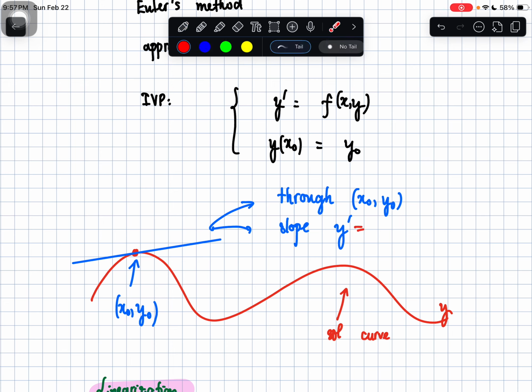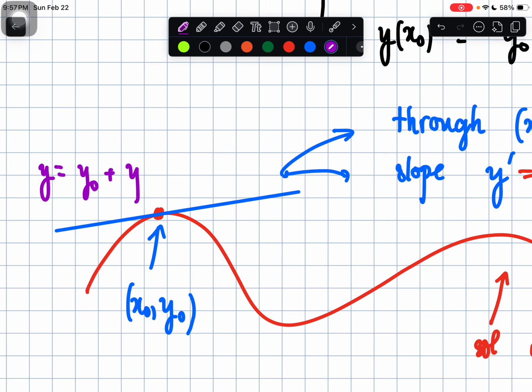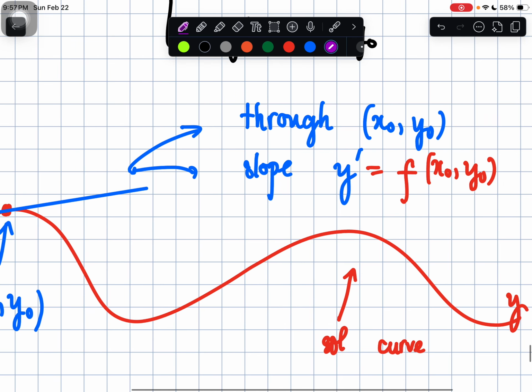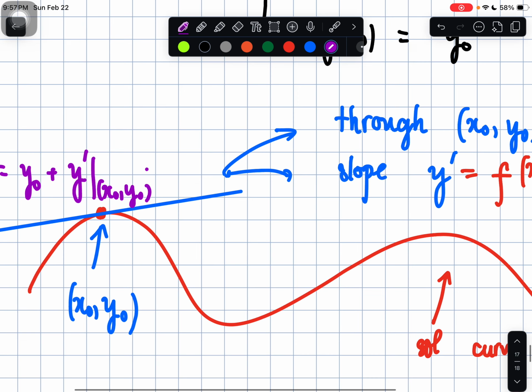This is f(x, y), f(x0, y0). So we know the slope, and we know a point on this line, so the equation of this tangent line is y equal to y0 plus the slope y prime at x0, y0 times (x minus x0).